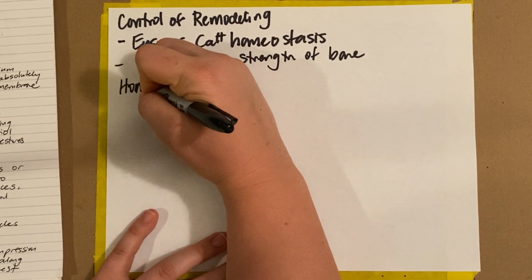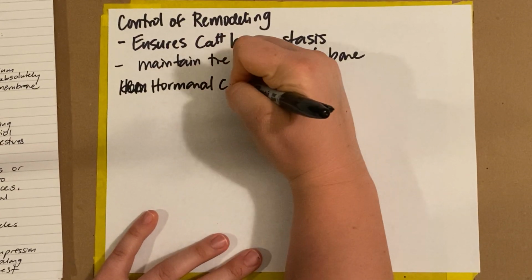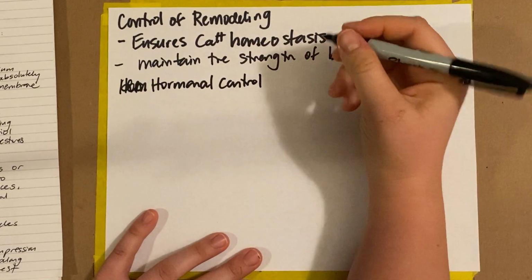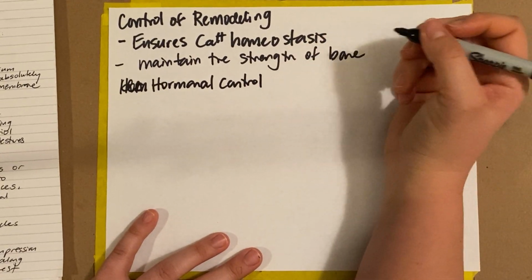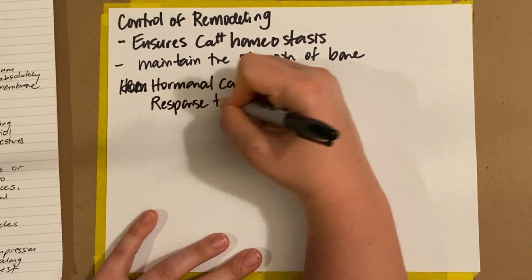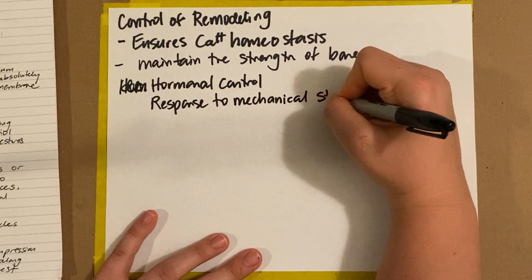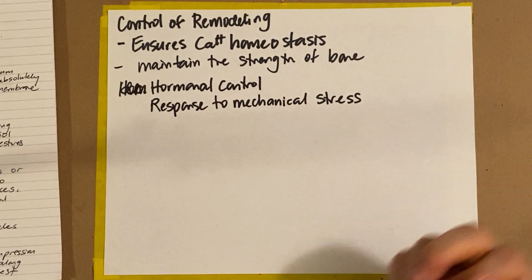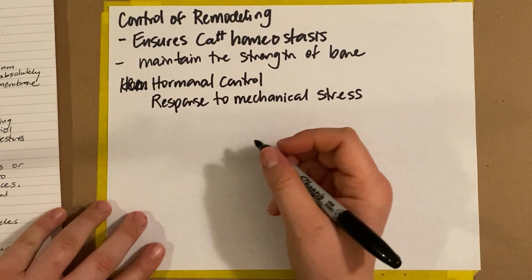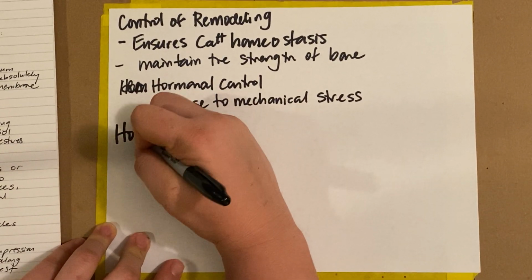And then the second one is going to be response to mechanical stress. Okay, and so we'll talk about both of these. All right, so we'll talk about hormonal control first.